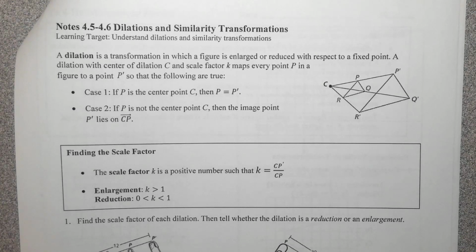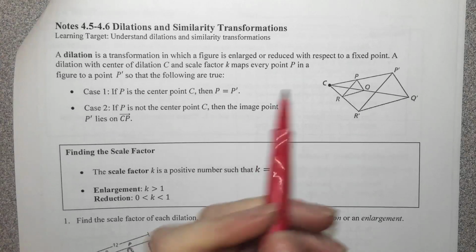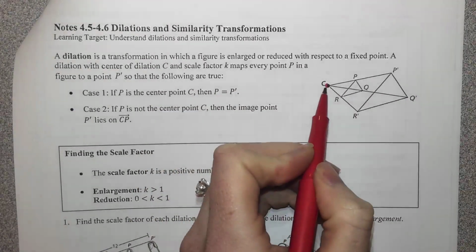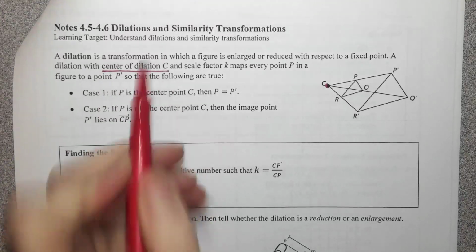A dilation with a center of dilation C and a scale factor K maps every point P in the figure to P prime so that the following things are true. Following our picture here, this point right here, C, is our center of dilation.